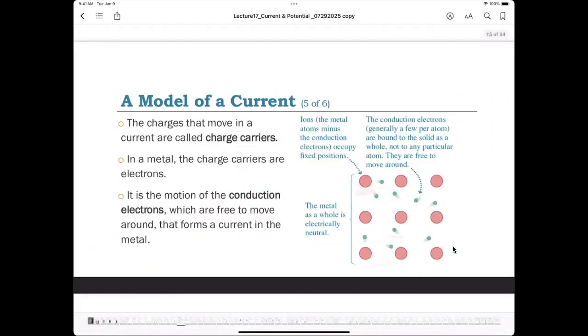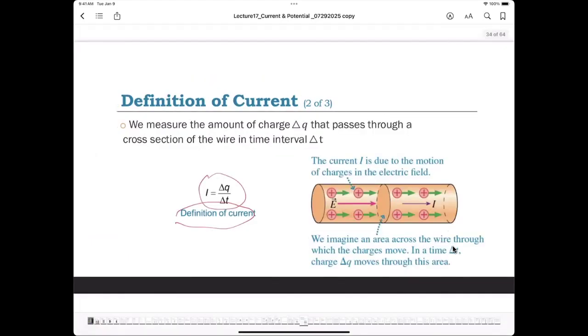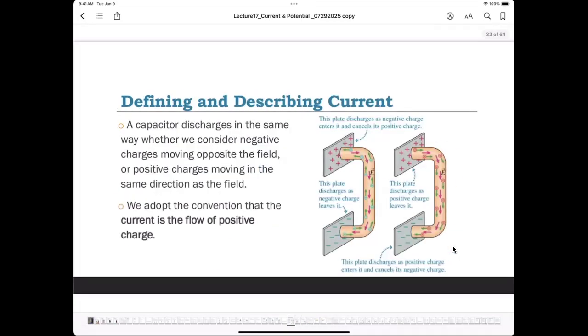But do you remember at the beginning we talked about electrons usually going opposite to the electric field? But here the current direction is the direction of the electric field. Do you know why? In the real situation, the electrons move from the negative plate to the positive plate.